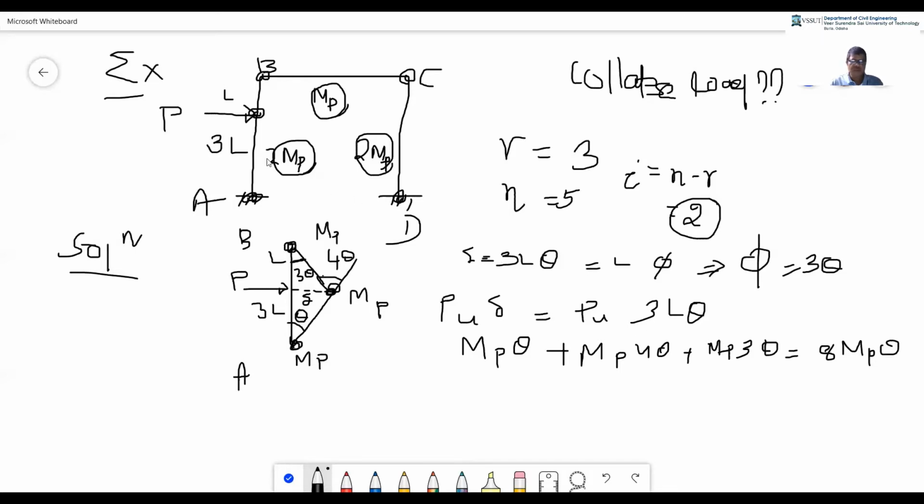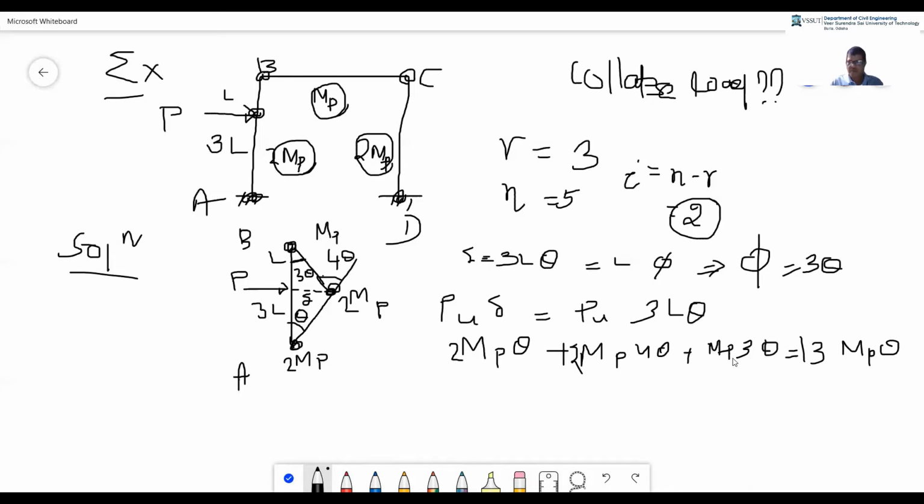Sorry, this is 2 MP. We have made a mistake. This is 2 MP, this is 2 MP, this will be MP. So now 2 MP into theta, here 2 MP into 4 theta, MP into 3 theta. So what does the number now become? 2 plus 8 plus 3, that is 13 MP theta.